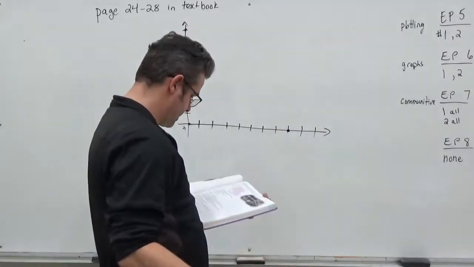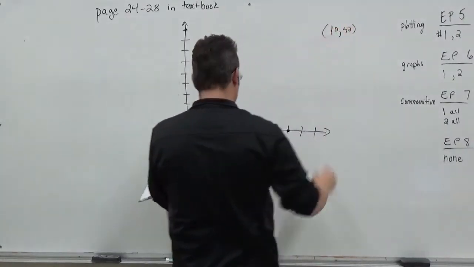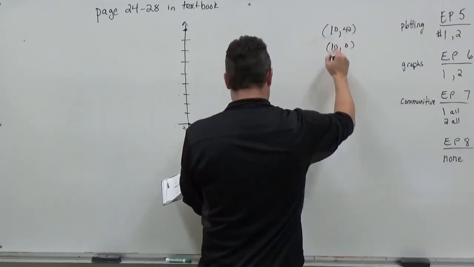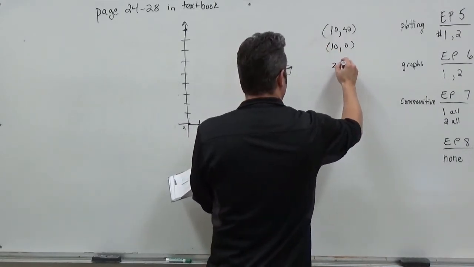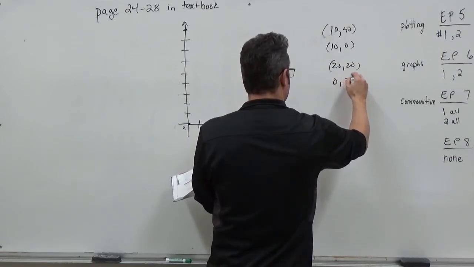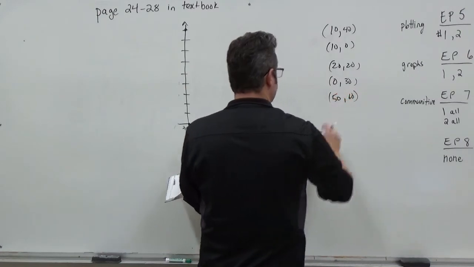For example, it has (10, 40), (10, 0), (20, 20), (0, 30), and (50, 60).